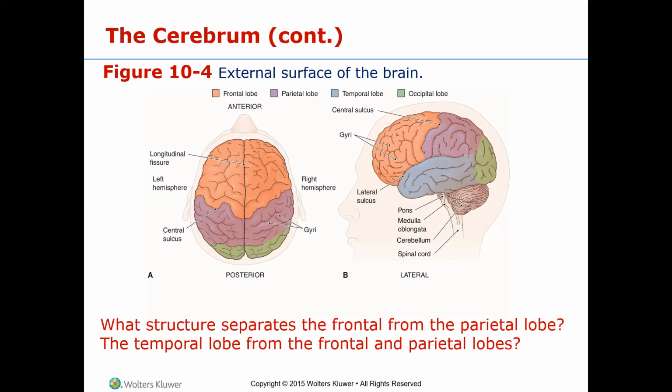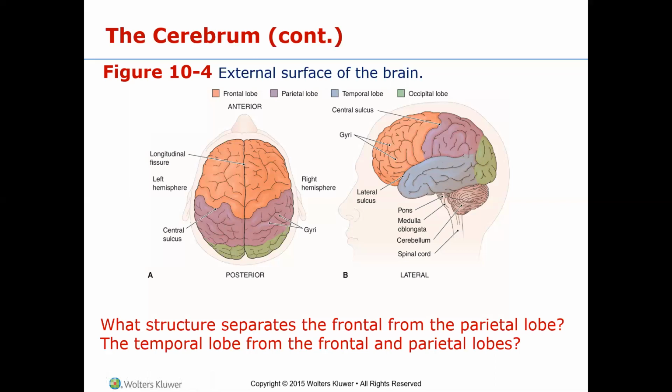So what is in this orange color is called the frontal lobe. Then along the top on each side of the longitudinal fissure here are the parietal lobes. Then above our ear here, we have the temporal lobe. Then in the very back, we have the occipital lobe, and they each have their own functions.